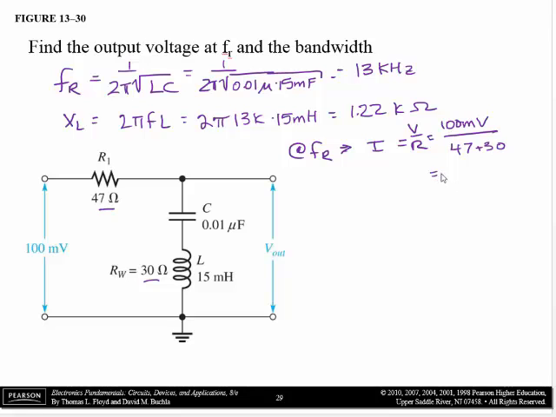And so we find out what that current is. It's 100 millivolts divided by 77 ohms.